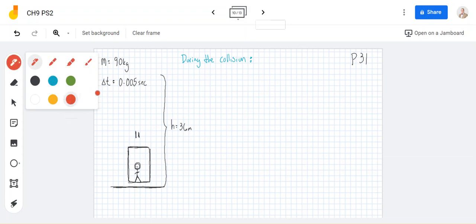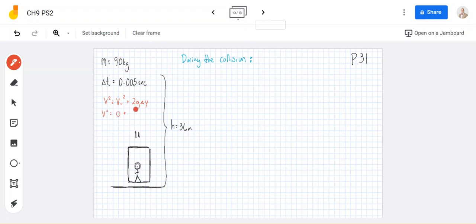I know that for an object that's falling, v squared is equal to v0 squared plus 2g delta y. This is for a falling object. I'm going to solve for the final velocity. It was released from rest, plus 2 times negative 10 times negative 36.